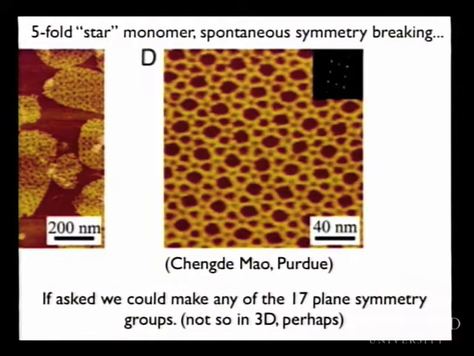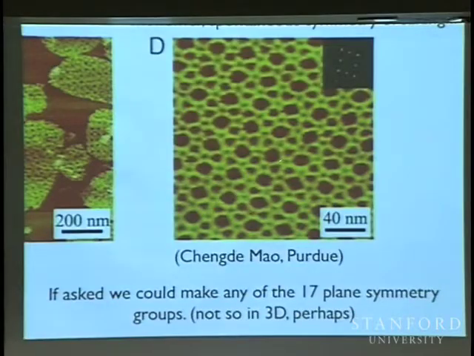We haven't made all of them out of DNA, but for example, here's a kind of crazy one that starts with some 5-fold symmetric tiles that break their symmetry and end up with a really funny 2-dimensional fabric. It turns out that there's no obstacle to making all sorts of possible 2-dimensional fabric patterns like this with DNA. So that's something we can do. And we can go further.